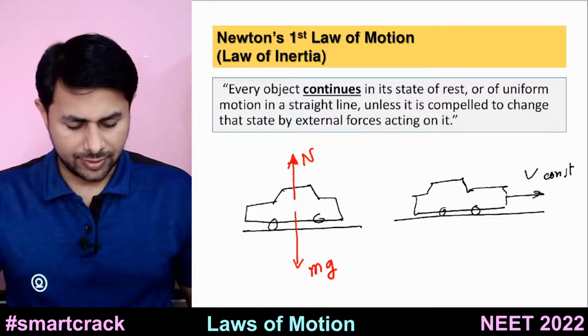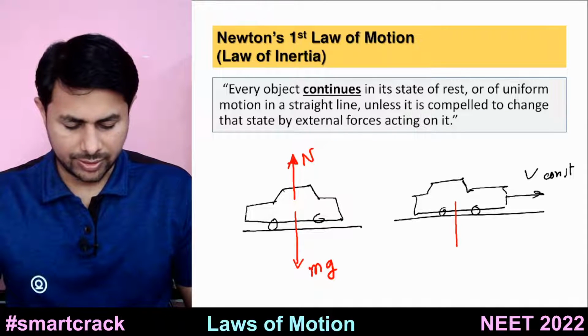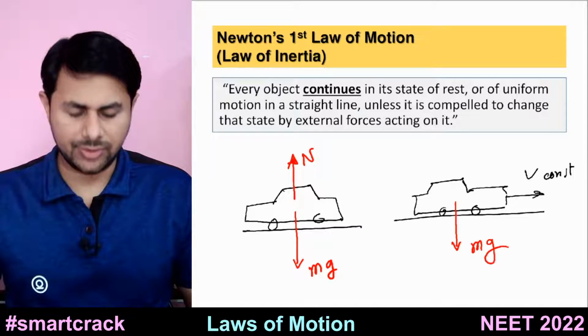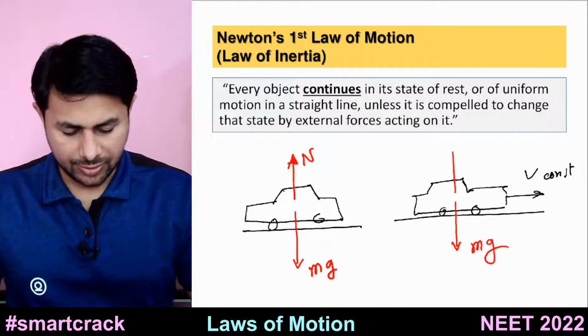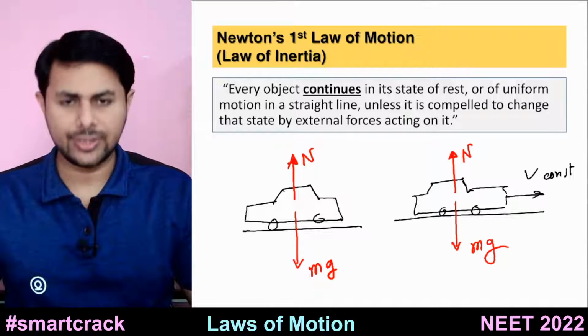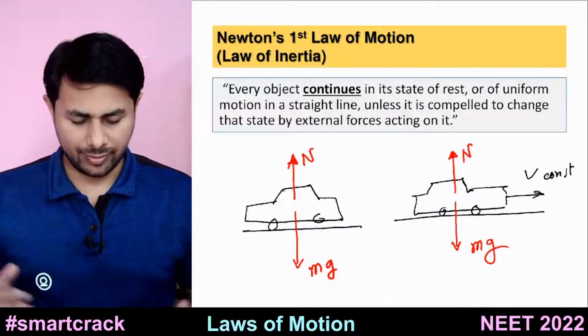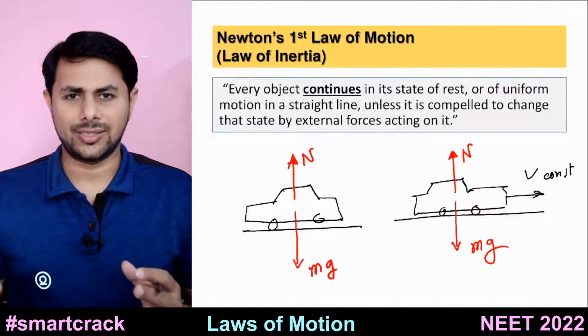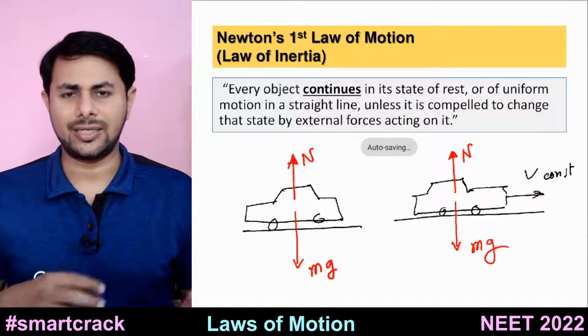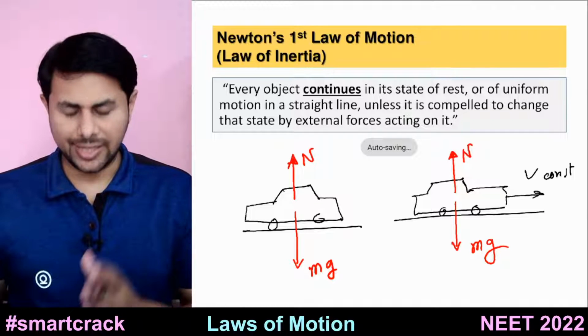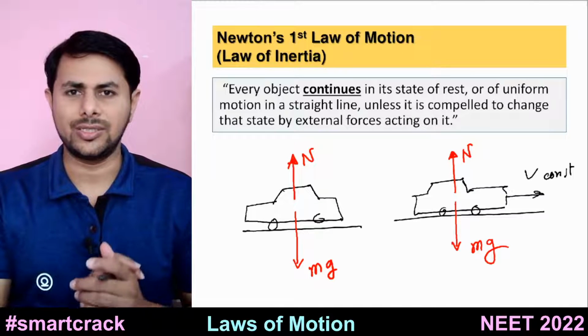In the second case also, there are two forces only. First force is the weight of the car, and the second force is the normal reaction. Okay, so in both these cases there are only two forces and they are cancelling out each other, so state of rest and state of uniform motion is same.